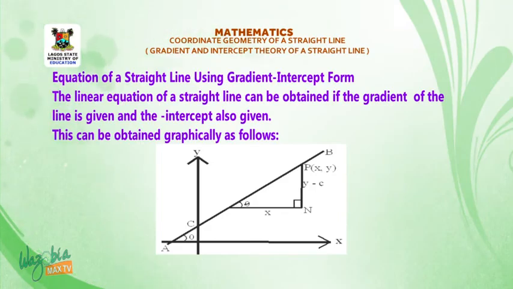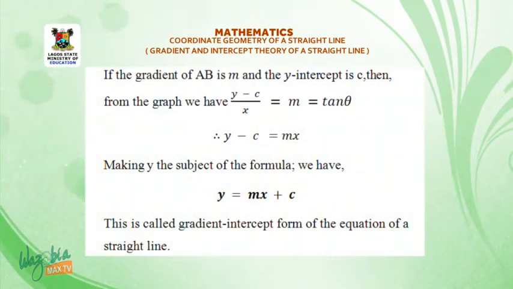This can be obtained graphically as follows. If the gradient of AB is m and the y-intercept is c, then from the graph we have y minus c all over x is equal to m, which is equal to tan theta. Therefore, y minus c is equal to mx.